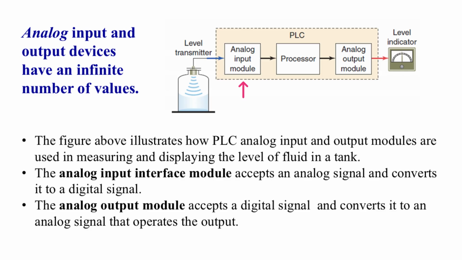This signal enters the analog input module, which converts the analog signal into a digital form that the processor can understand. The processor then uses the program logic to decide how to respond and sends a digital command to the analog output module. The analog output module converts this command back into a variable analog signal, which in this example drives a level indicator to display the fluid height.